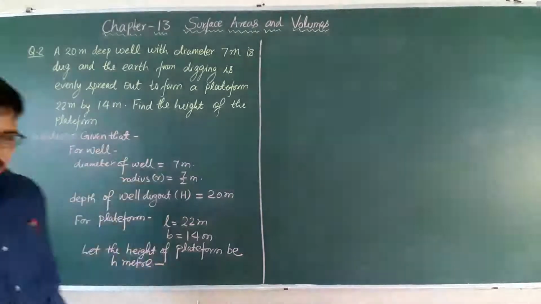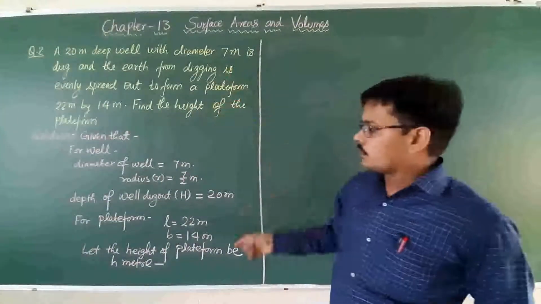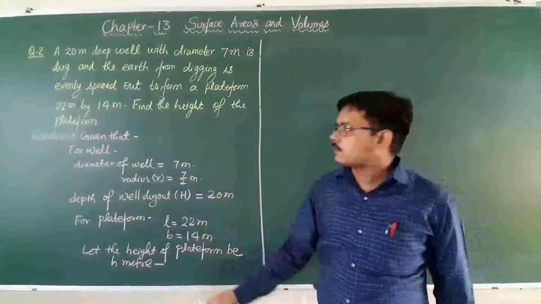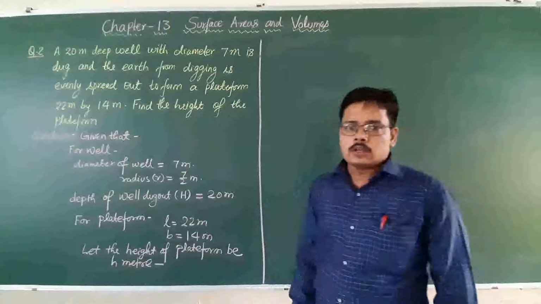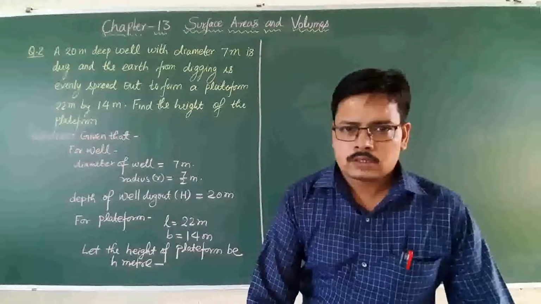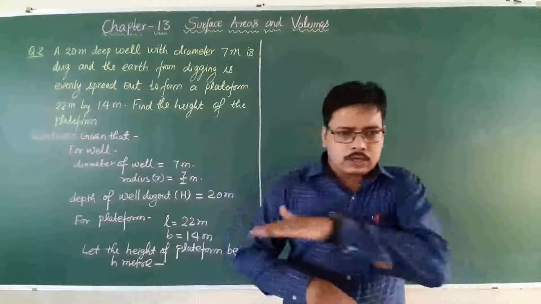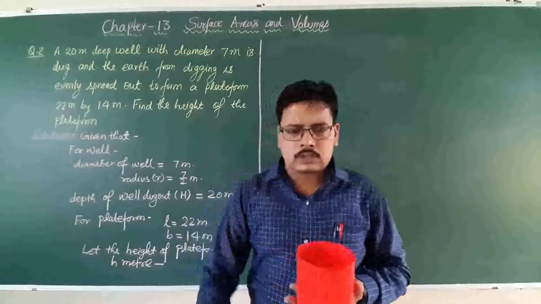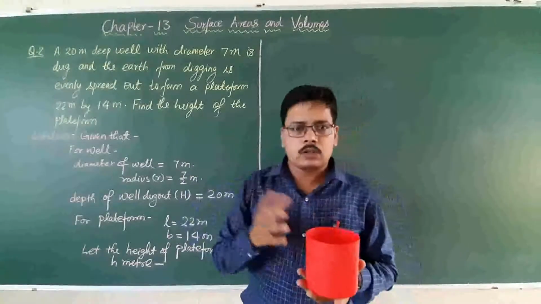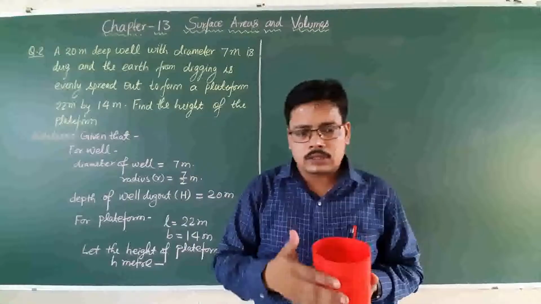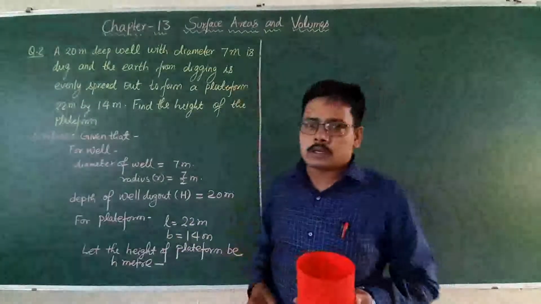So these are the dimensions of the cylindrical well, and for the cuboidal platform the base is a rectangle. Students, suppose this is the earth level, and from this level a 20 meter deep well is dug out, with the diameter of the well 7 meter.